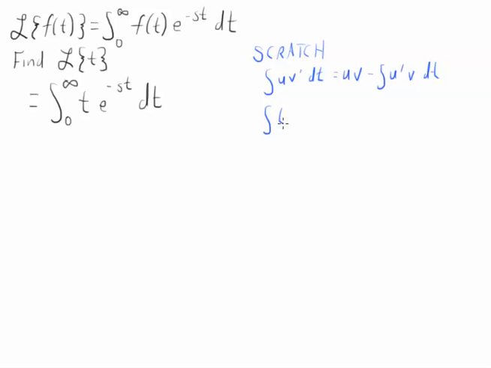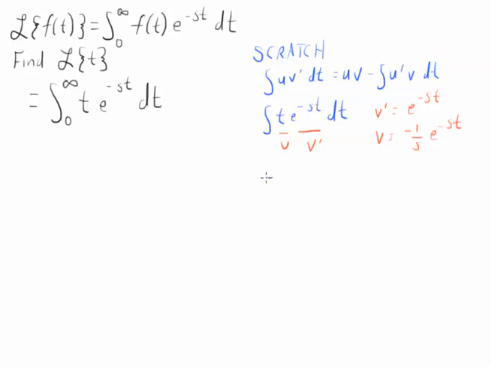So let's just focus on t e to the negative st dt. So my t is going to be my u, and my e to the negative st is going to be my v prime. And if v prime equals that, then I need the antiderivative, which will be negative 1 over s e to the negative st.